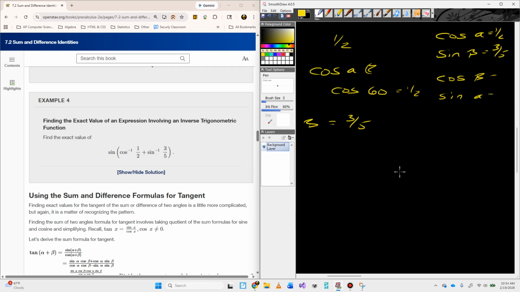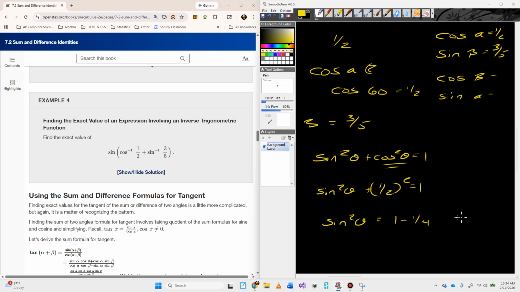Well, I'm going to have to use something that we use frequently: if I have something in cosine, and I need to get an equivalent answer in sine. Remember, we have sine squared alpha plus cosine squared alpha is equal to 1. And if I have at least one of these, I can get the other. Well, I do have one of these. I have 1/2 for this value right here. So sine squared alpha plus 1/2 squared is equal to 1. So sine squared alpha is equal to 1 minus 1/4, because this is 1/4, and I subtract 1/4 from both sides.